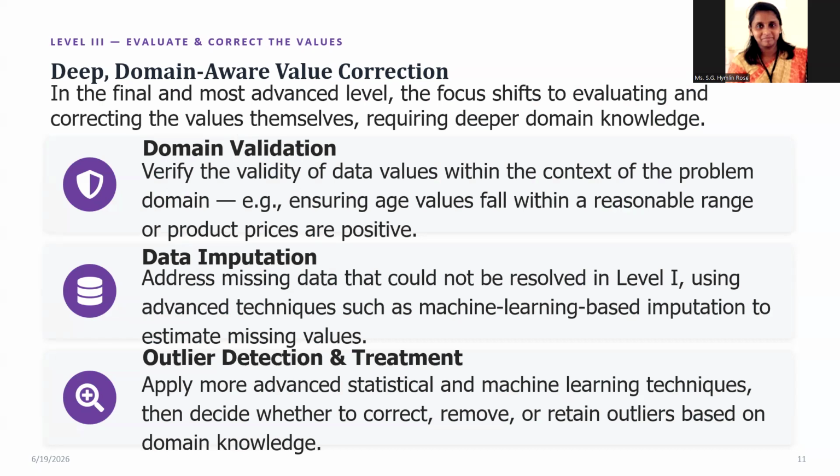Data imputation. This stage deals with the missing data that could not be addressed in level 1, in cases where a simple statistical estimate is not enough. So we are going for advanced imputation techniques such as machine learning based imputation to estimate your missing values. Third one is outlier detection and treatment, applying more advanced statistical and machine learning techniques.